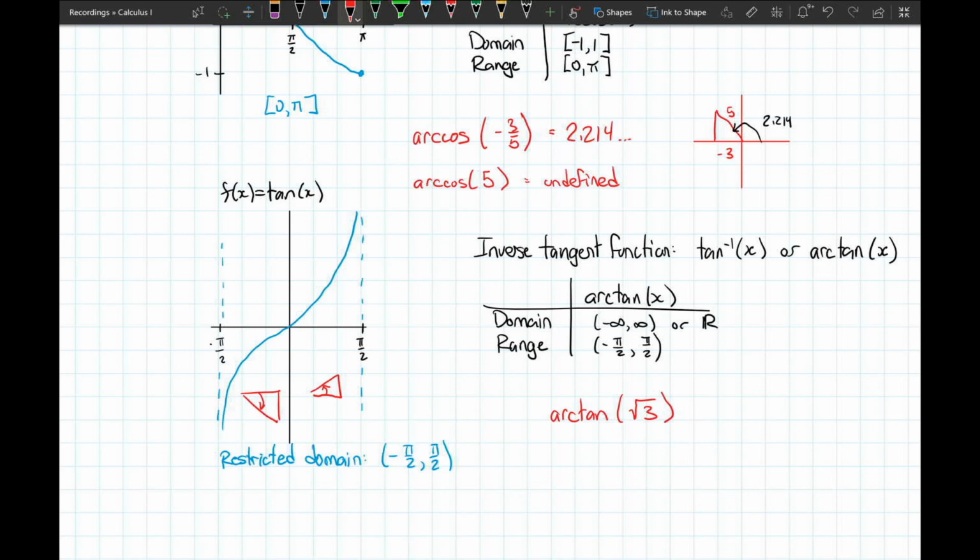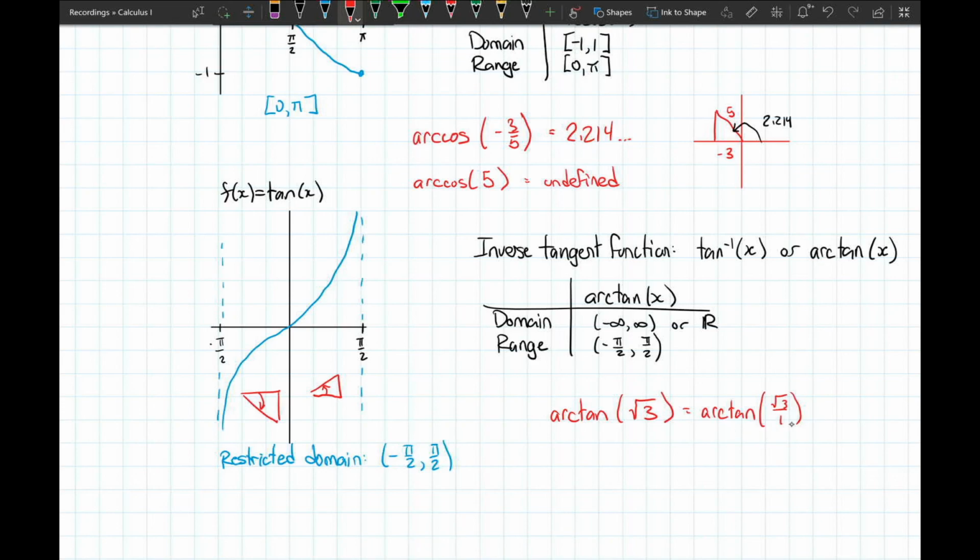Now for this one, let's see if you even need a calculator. You might even try to figure out what this is using some special triangles, because we have special triangles involving root 3. You could write this as arctangent of root 3 over 1 to make it a fraction, and then that'll help you figure out what quadrants it's in.